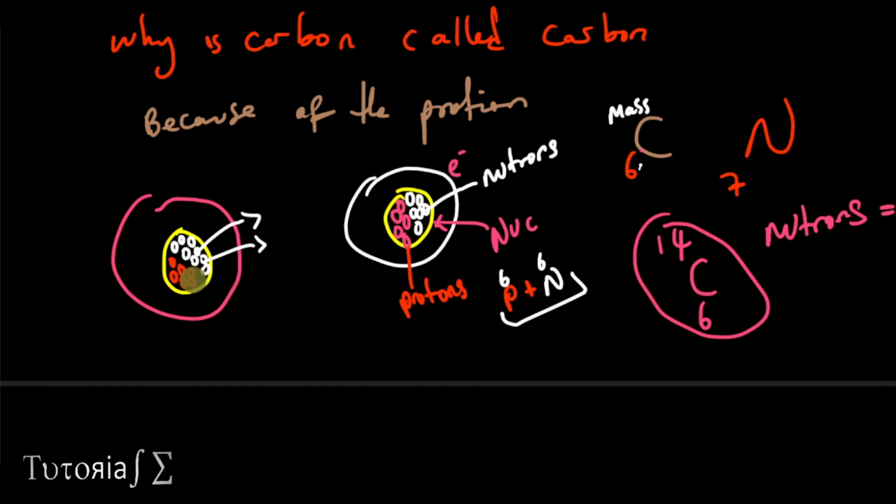Otherwise, the element will be unstable, and it starts losing neutrons, or sometimes the neutrons will turn into electrons and protons, because the neutron is made up of equal positive and negative charges.